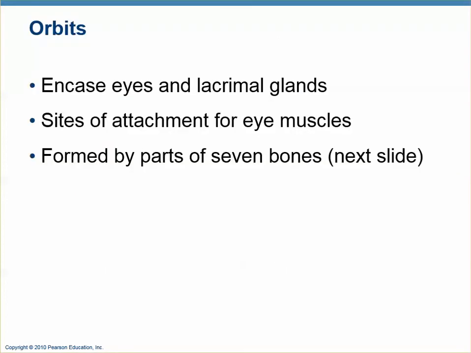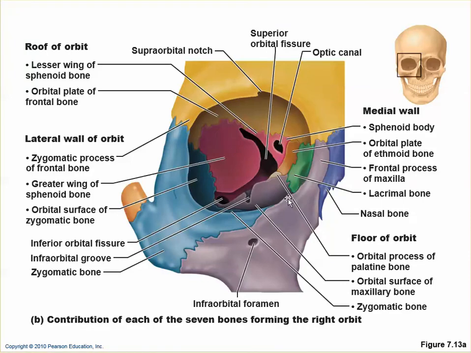When we look at the orbits, this is where most of these bones come together. Zygomatic, maxilla, lacrimal, frontal, sphenoid here. So this is where the muscles that move the eyeball are. This is where the tear ducts are.